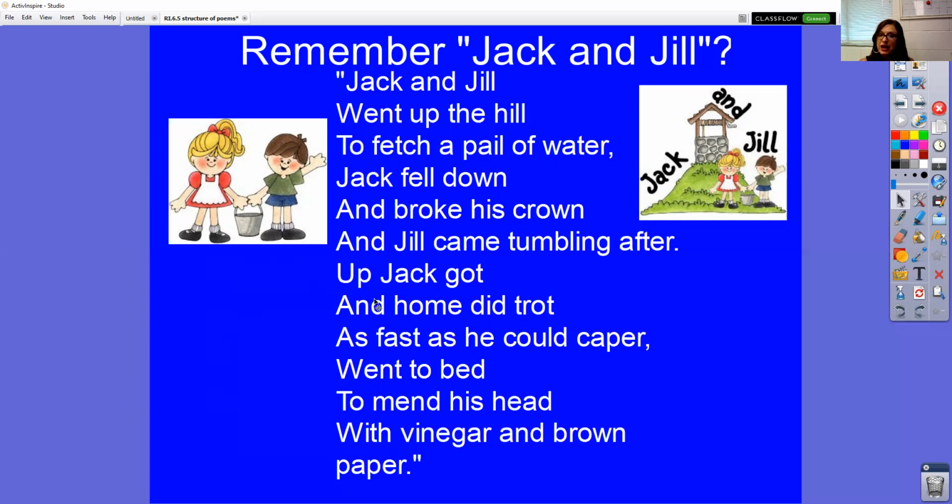Then it analyzed Jack's character in this second stanza: up Jack got, and home did trot as fast as he could caper, went to bed to mend his head with vinegar and brown paper. And no mention was made of what happened to Jill, even though she did tumble after him. So just something to think about, that poetry does not always mean exactly what it says.